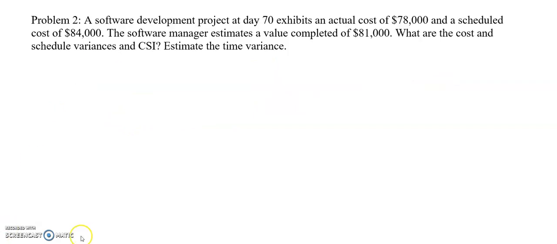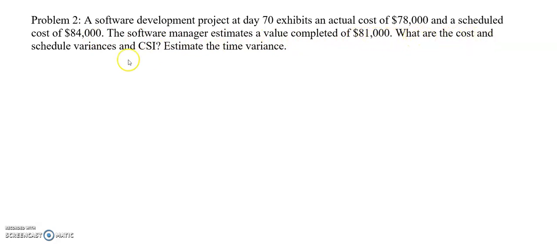Problem 2. A software development project at day 70 exhibits an actual cost of $78,000 and a scheduled cost of $84,000. The software manager estimates a value completed of $81,000.